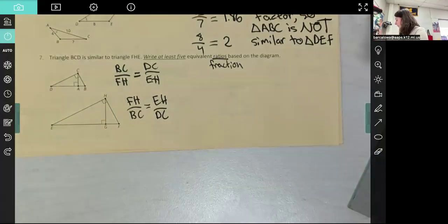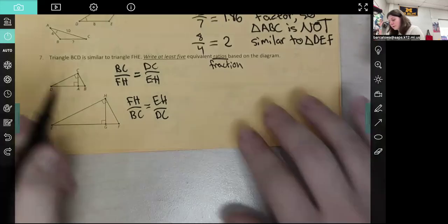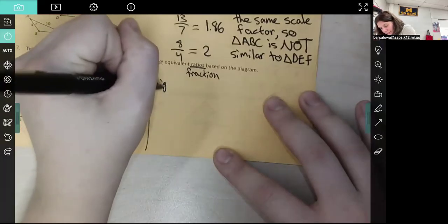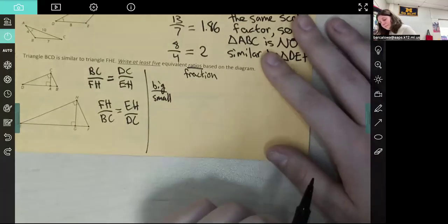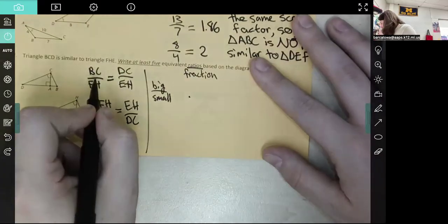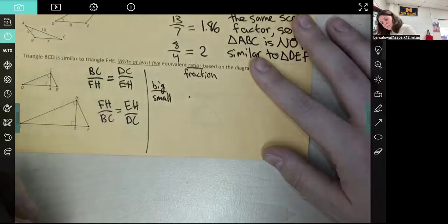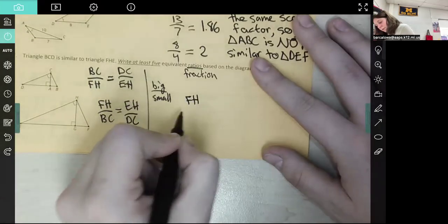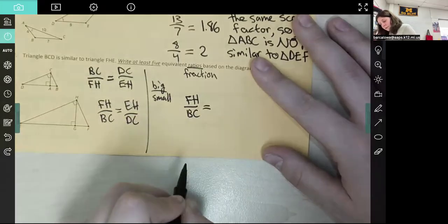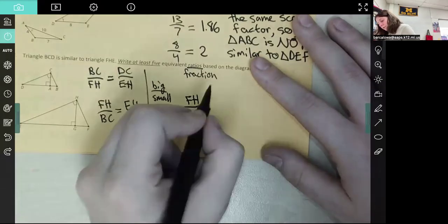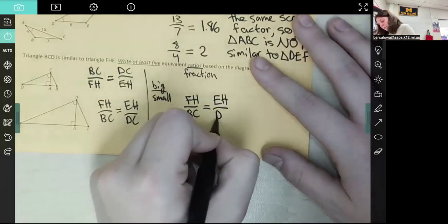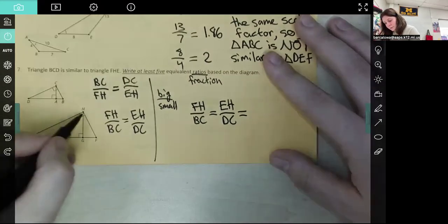I'm gonna write out like 5 of them that are all equivalent to each other. Okay, what am I doing? I'm gonna do big over small. So, like we just did here, FH and BC. EH and DC. Sorry, my brain was glitching. Okay, so it's these ones.